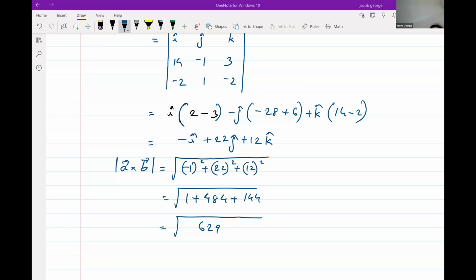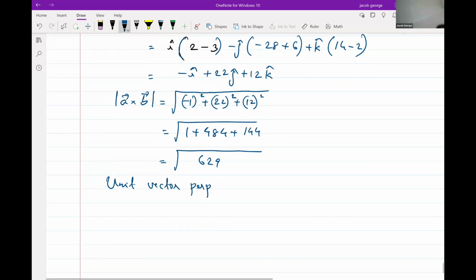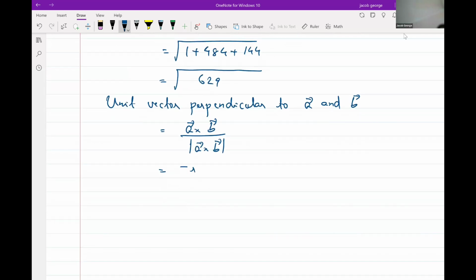So now the next step is the unit vector perpendicular to vector A and vector B, which is equal to vector A cross vector B by the magnitude of vector A cross vector B. That is minus i cap plus 22j cap plus 12k cap by root of 629.